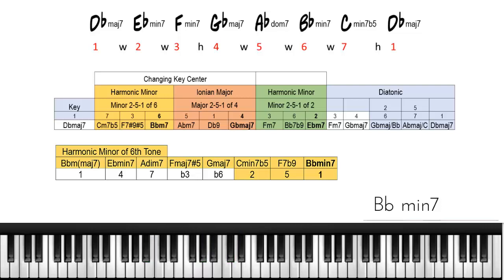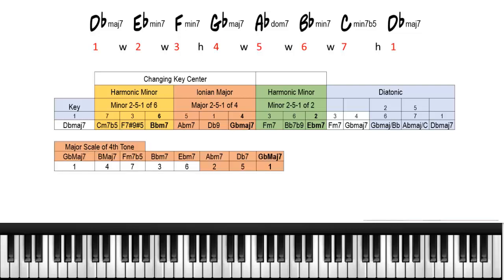So we would start with D flat, and that would be the first one where we're playing a 2-5-1 in the key of B flat minor, which is the harmonic minor. So 2-5-1 in the key of B flat harmonic minor.